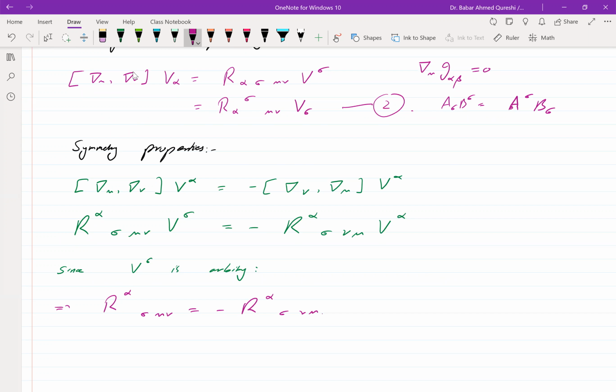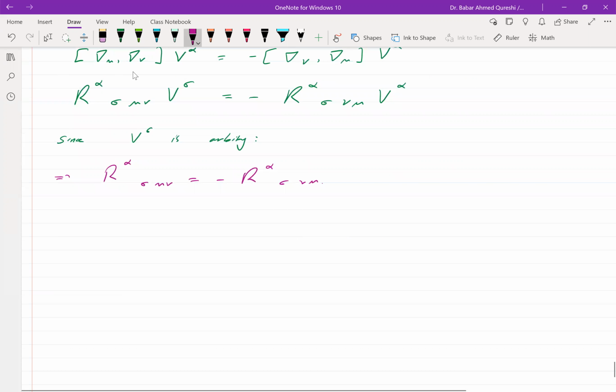So that means this is the first property: the Riemann tensor is antisymmetric in its last two indices.